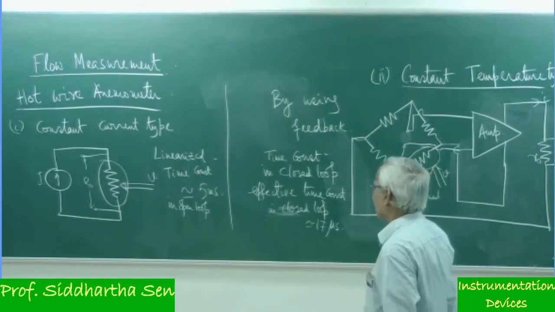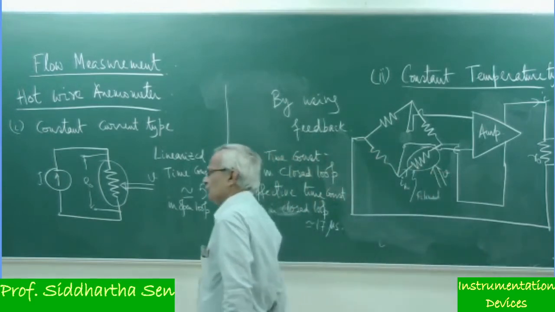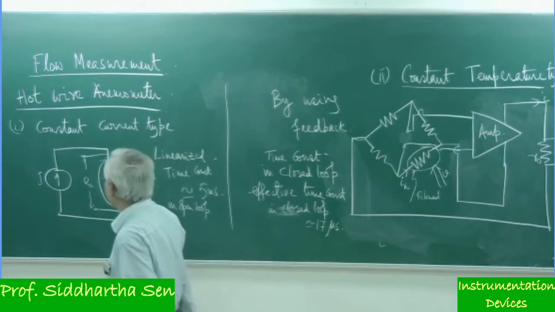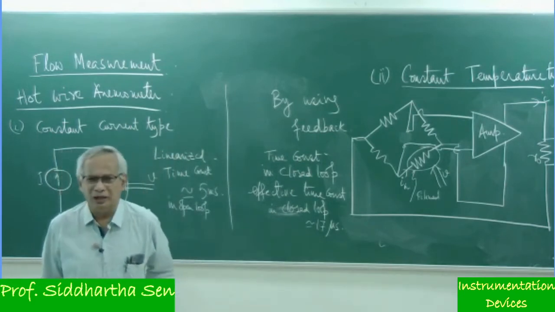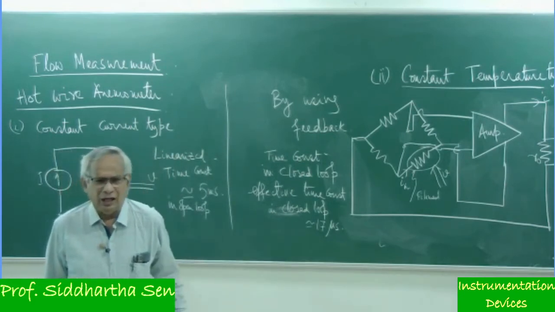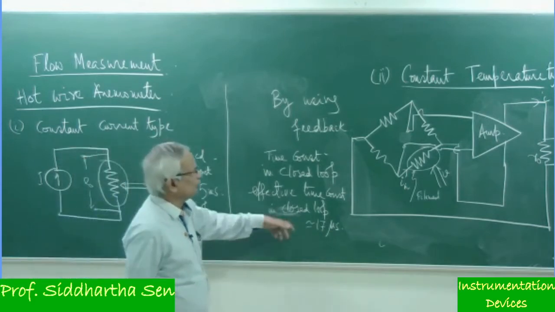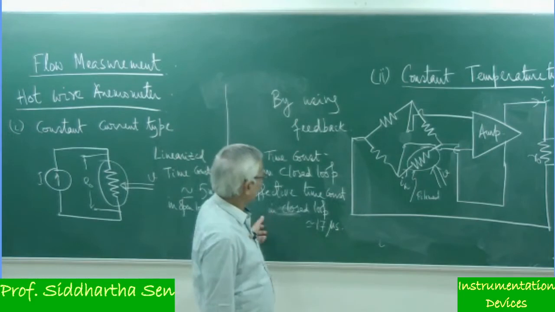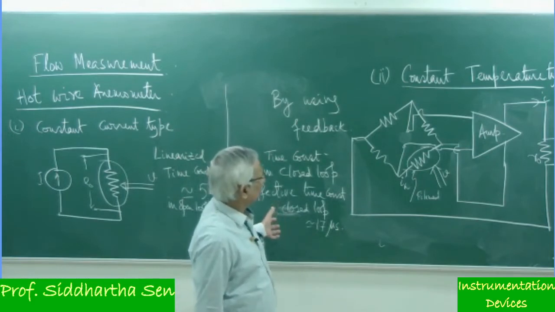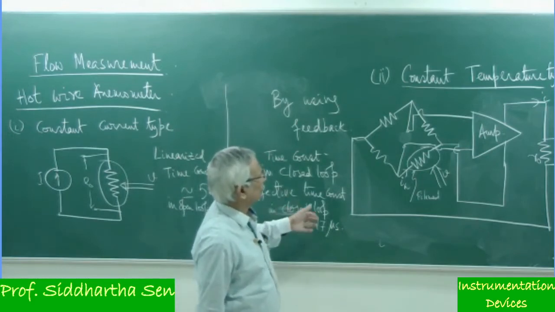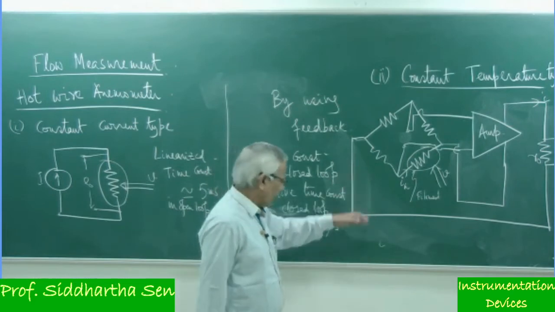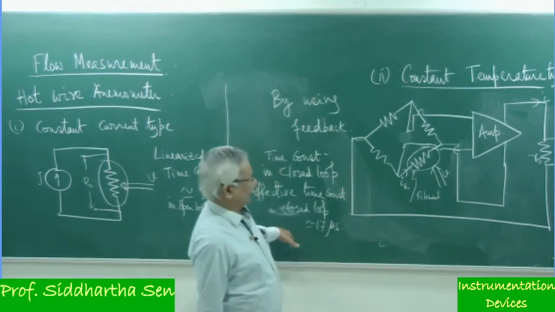So the crux of the thing is that the constant current type is an open loop device, but the constant temperature type is a closed loop mechanism for the measurement of velocity, and it is faster in response.